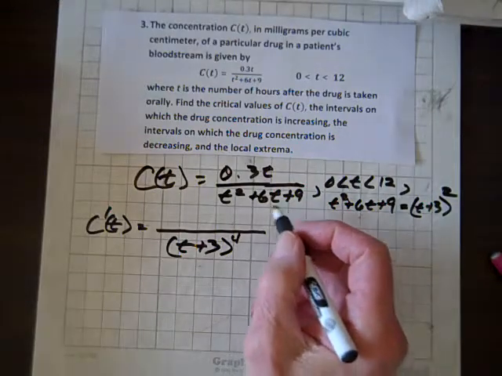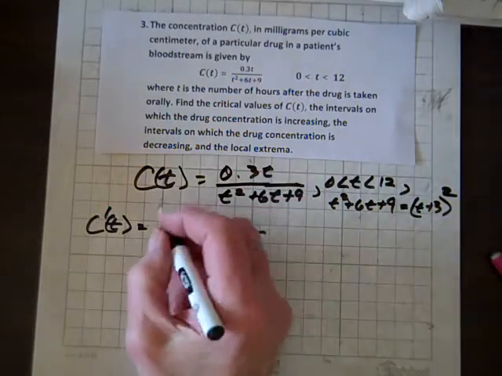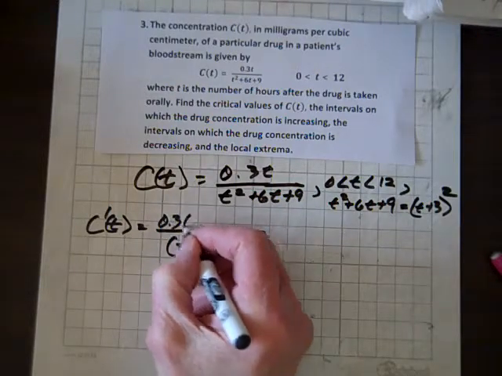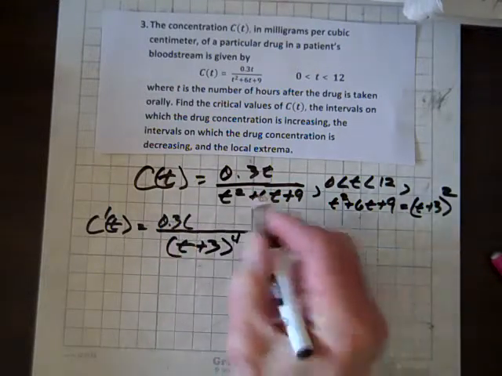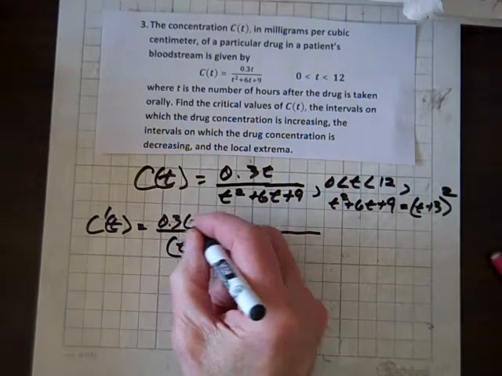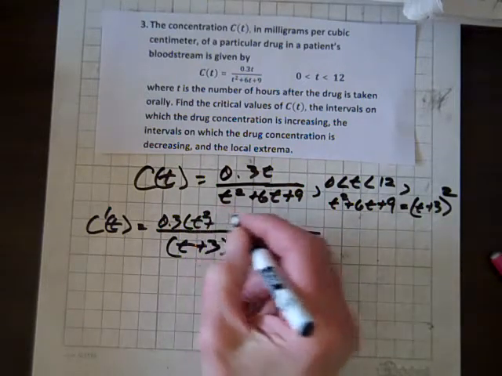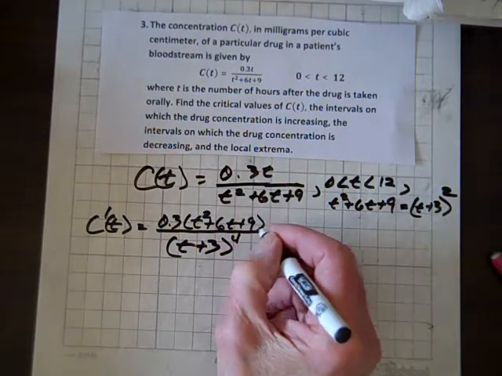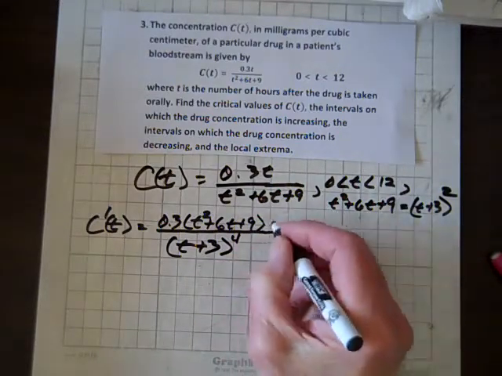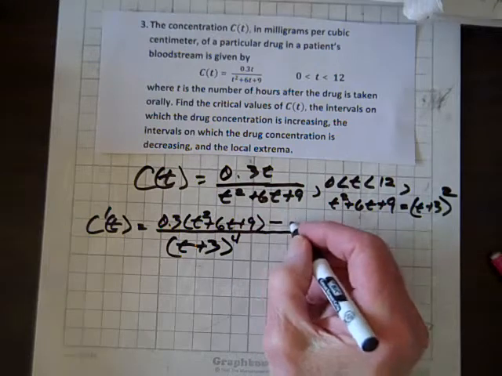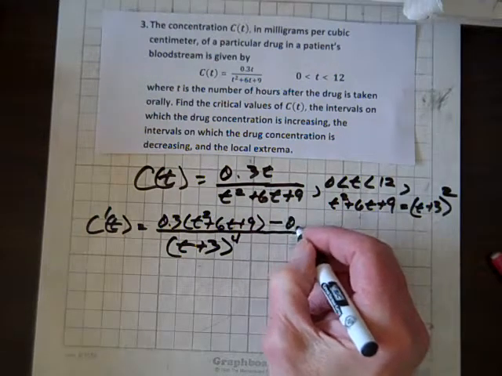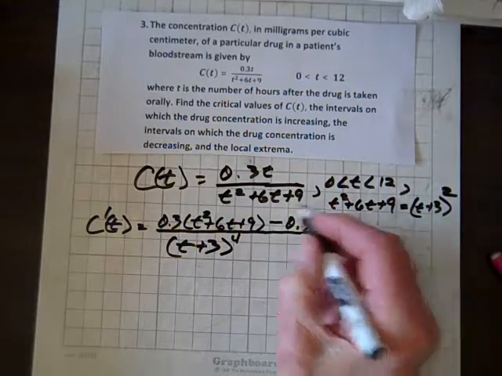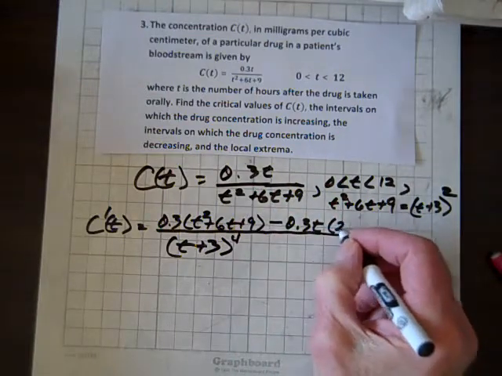Now, we'll take the derivative of the numerator, and that's going to give us 0.3 times our denominator, which is t squared plus 6t plus 9, and then minus, and we'll multiply by the numerator, 0.3t, times the derivative of this denominator, which will be 2t plus 6.